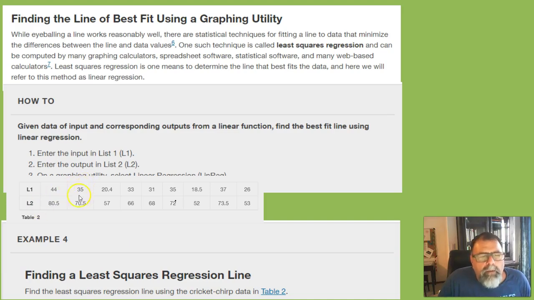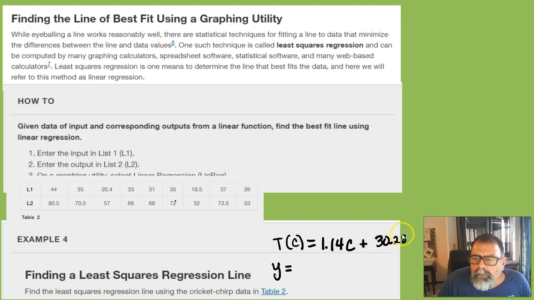If you have a graphing calculator, you can do that too. So y is equal to, or if we're going to use it, T of C, m was 1.14, C plus b was 30.28, if we want to go to 2 decimal places.